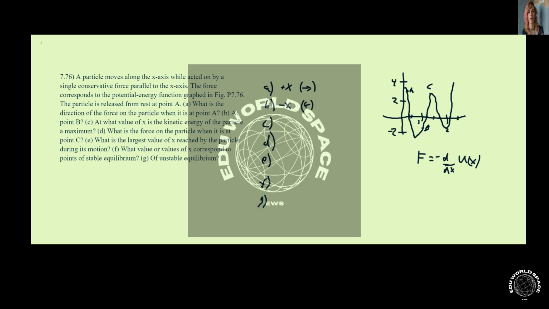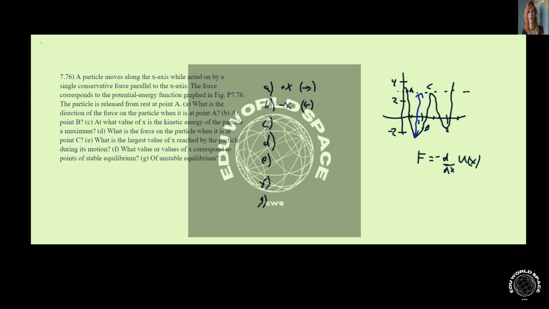C, at what value of x is the kinetic energy of the particle a maximum? This is an energy conservation problem at this point. Here is a graph of the potential energy function. If we have a conservative force acting on it, we're going to have conservation of energy, which means that if we start with this amount of energy up here, this line, plus the potential energy, what's left over, meaning this distance between here and here, is all going to be kinetic energy.